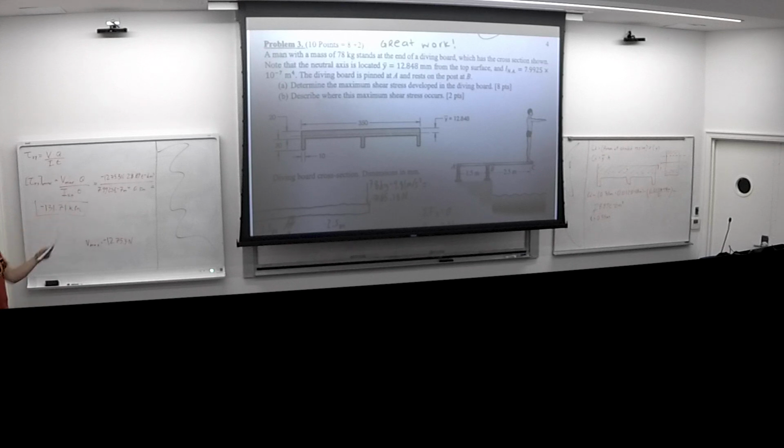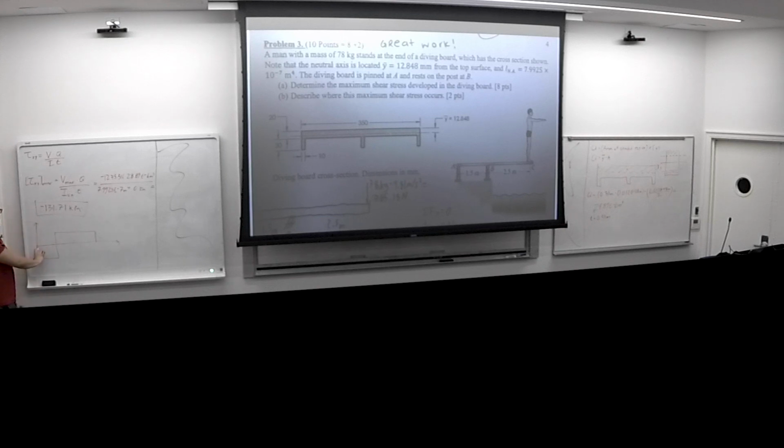And part B was just asking for the location. So the location is, if you remember from the V diagram, when we were in between A and B, we had the negative, I'll redraw it, since we're actually going to need it for this. It looked roughly like this.